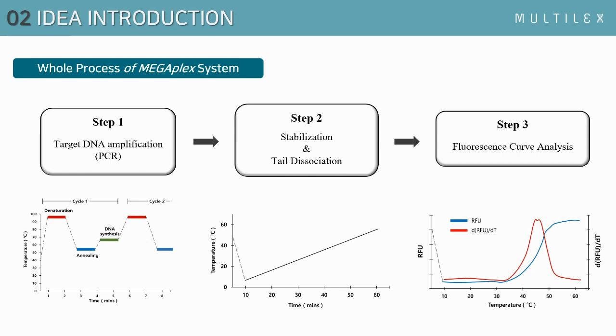They are stabilized at low temperature and start to dissociate as the temperature rises. Step 3 is an analyzing step. In this step, you can confirm and detect the target by analyzing a fluorescence curve.